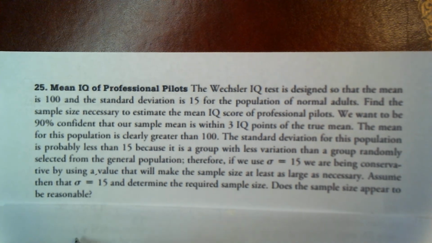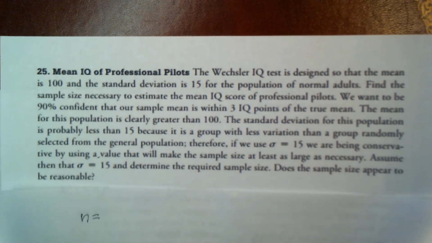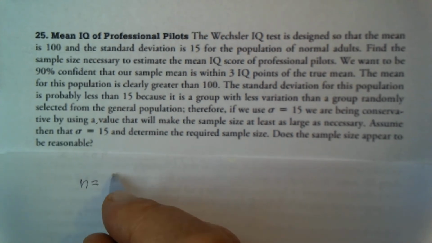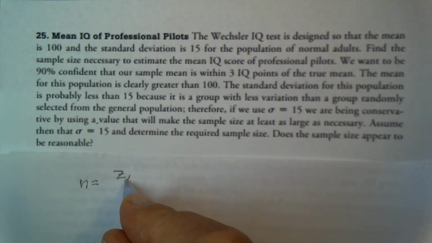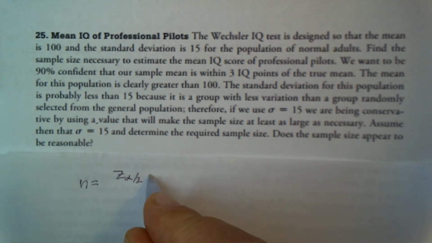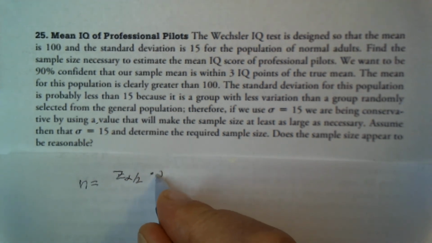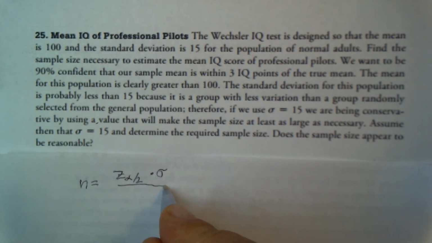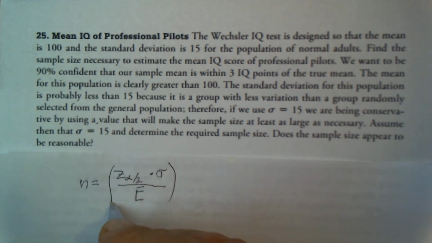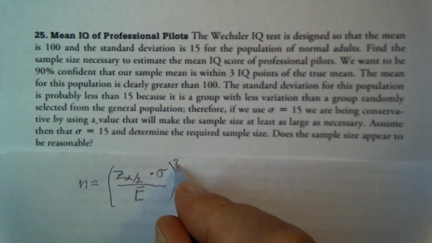Well, we know the sample size can be approximated by z sub alpha divided by 2 times the standard deviation divided by e, the margin of error, all squared. Okay.